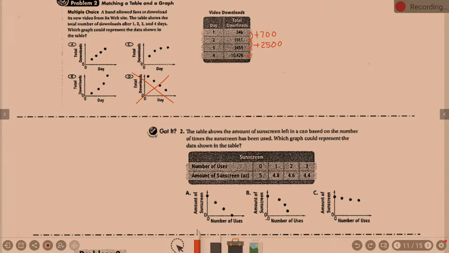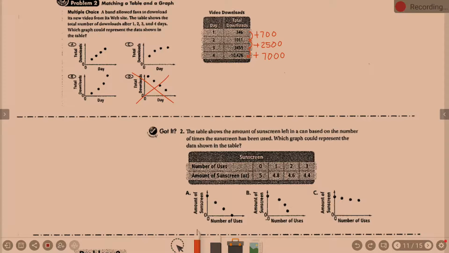And then here, 3,500 to 10,000, going up by about what? 6,500, I think. Well, if I'm going 3,500 to 10,500, so about 7,000.